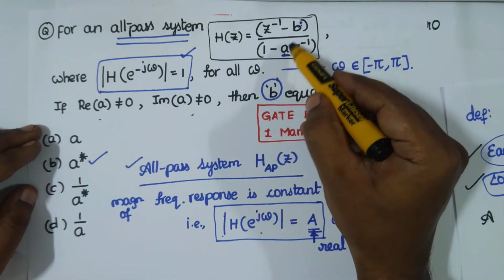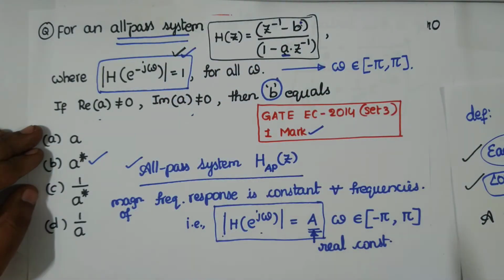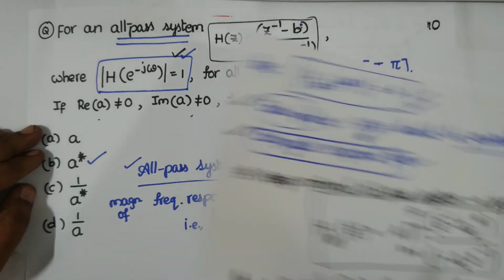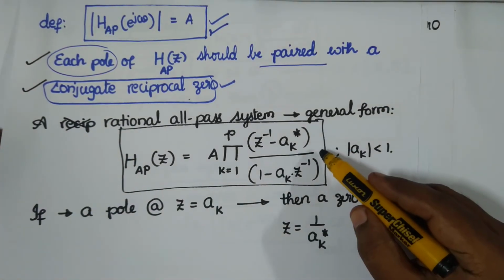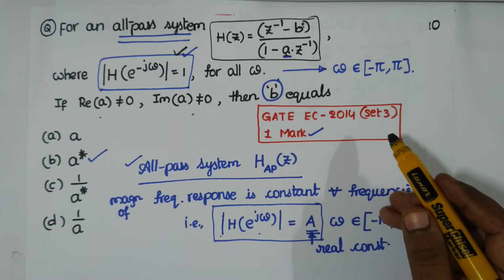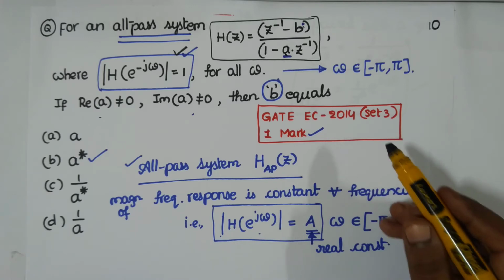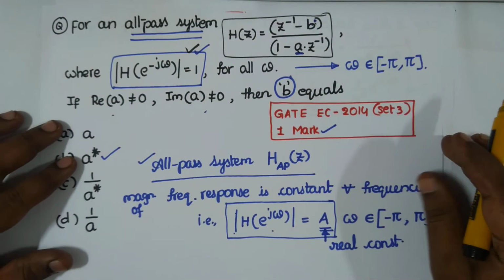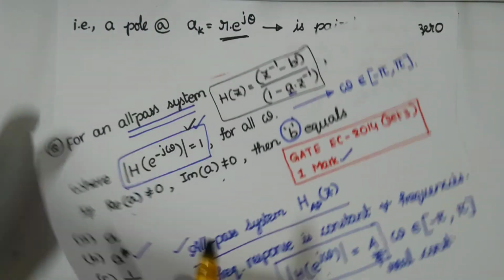This b must be a conjugation, then only we can satisfy this definition. That we are going to prove now, right? So in that journey, we took a general form. Now from this general form, we will take a single order all pass system. Now we will try to plug in b equal to a conjugate in that single order all pass system. Then we will appreciate the fact this will be satisfied.